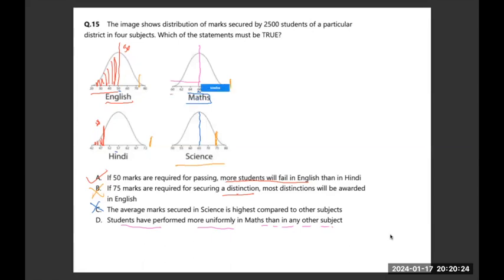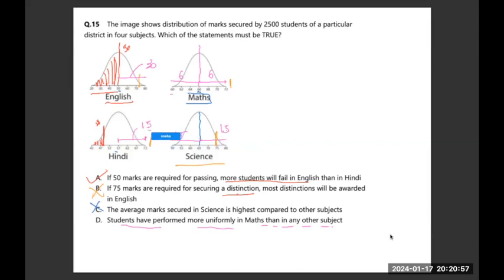So this distance is 6 marks, or this distance is 72, so 6 marks. In science, this distance is 65 and 50, so 15. In English, both sides are the same, but I'll just write one side only, it's 30. And in Hindi, that comes to 15.